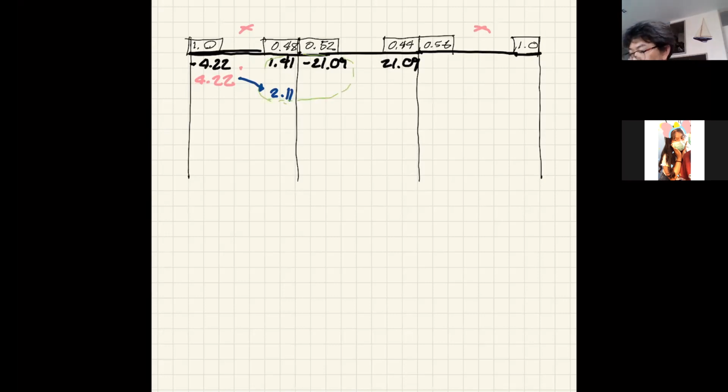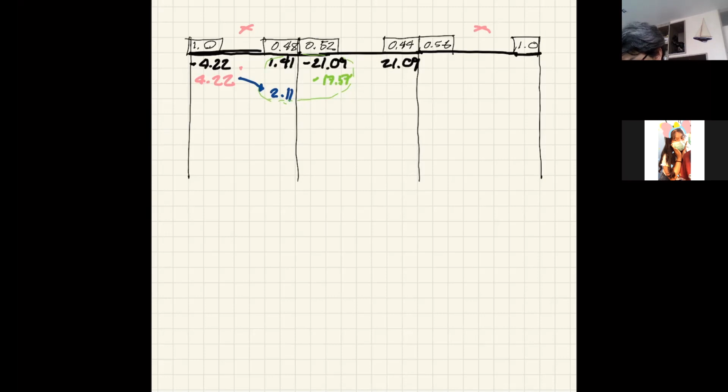Okay, in the end, we have 1.41 plus 2.11 minus 21.09. So you need minus 17.57 for that.